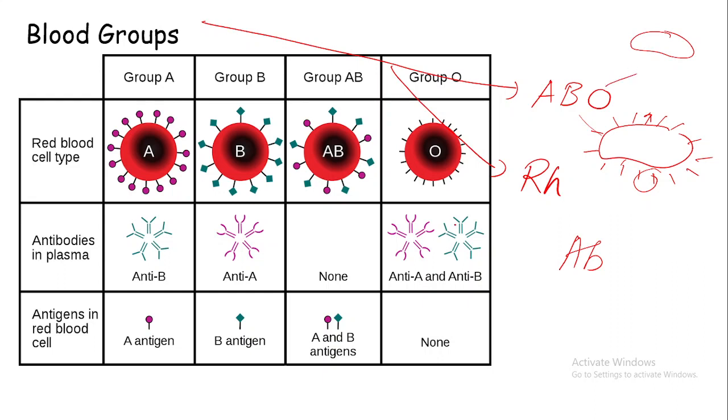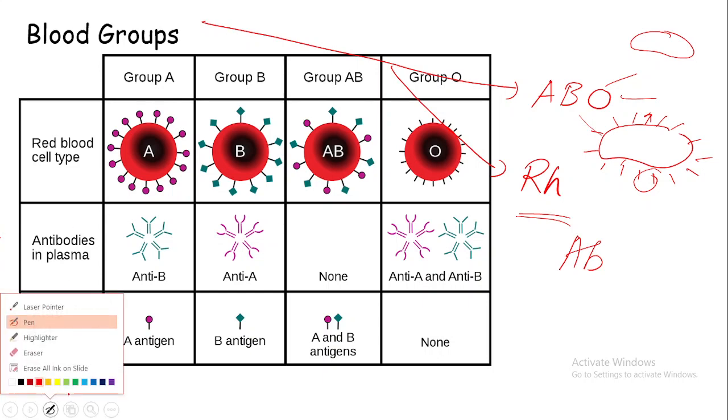Now we say, my blood group is O positive. What does that mean? I belong to blood group O. But what does positive have to do here? Positive is with reference to RH. RH is another type of antigen. This RH gives us a clue that we have come from monkeys.